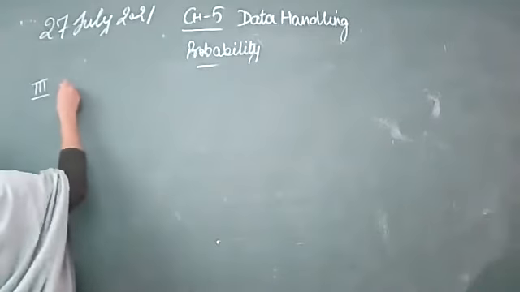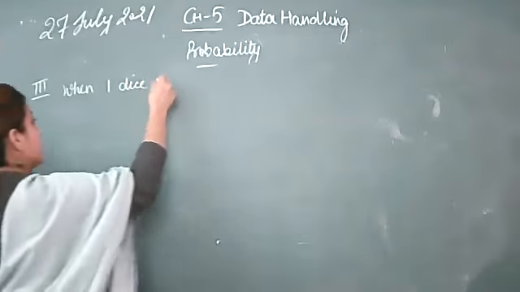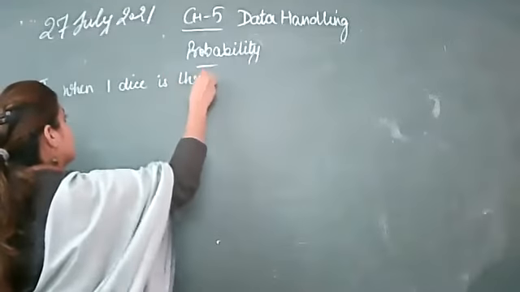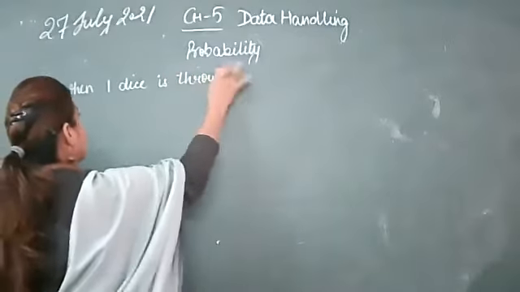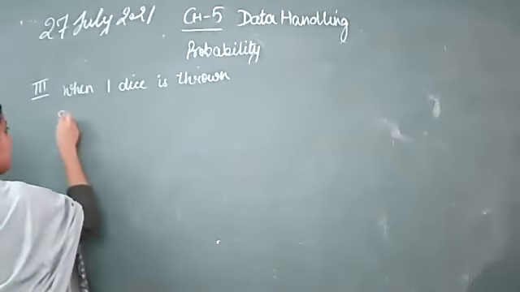Third case, when one dice is thrown. When you throw a dice, it will give you a sample space.